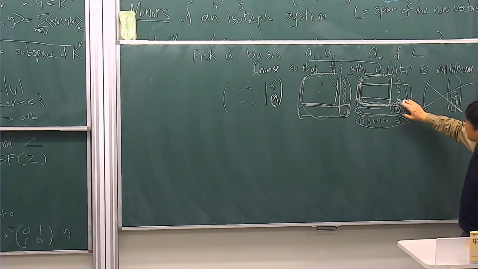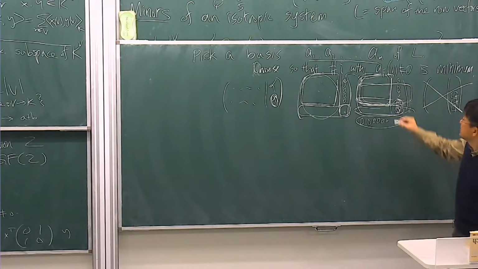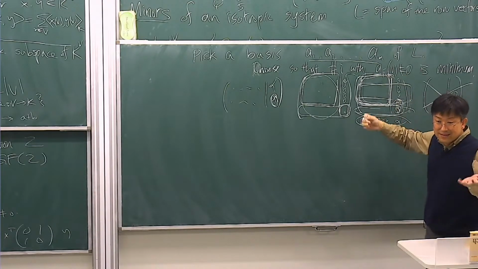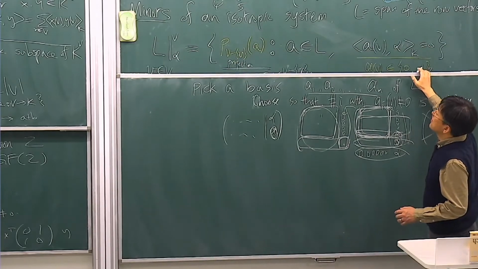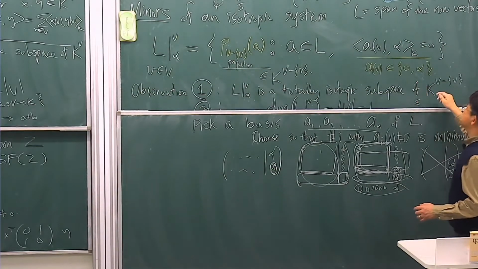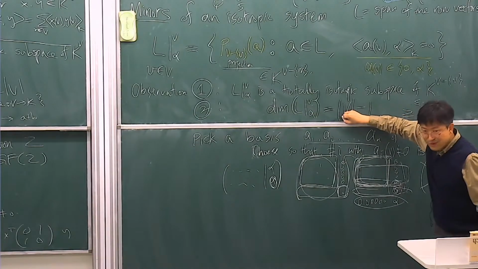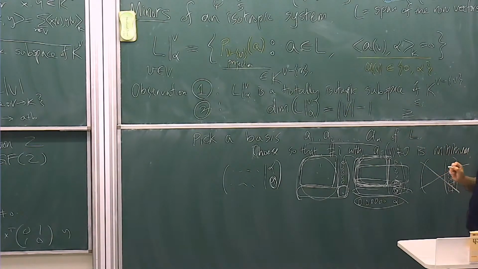If you don't have alpha, then I can add one row to the other to make alpha. If this is beta and gamma, then I can add a row of gamma to a row of beta to make an alpha. So they are linearly independent, which means that the dimension of this is at least number of points minus 1. Okay, so they are equal.